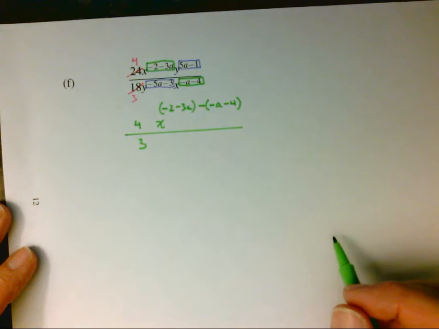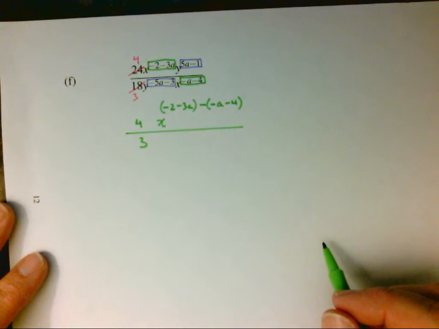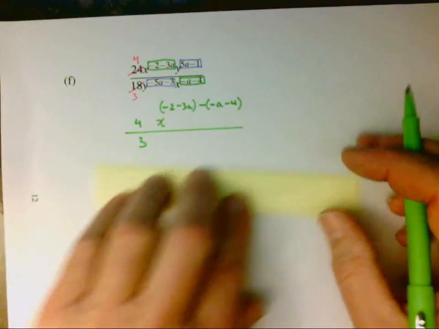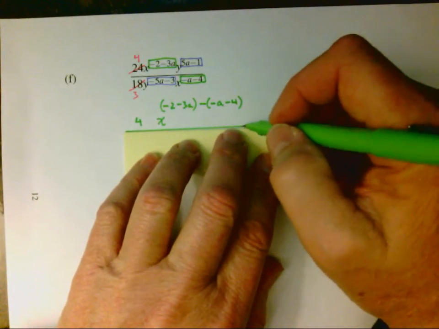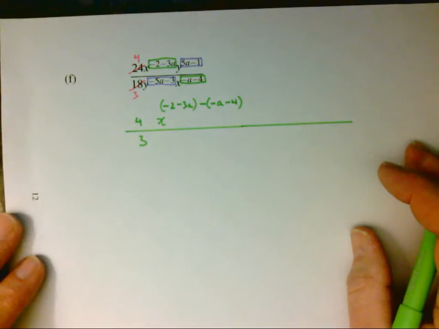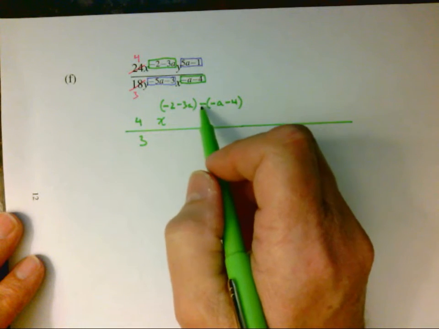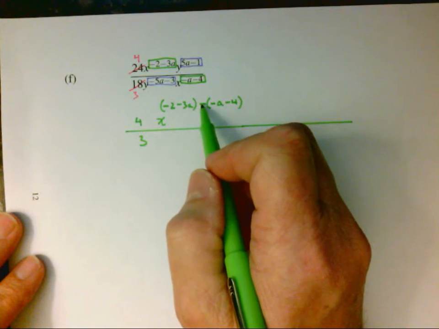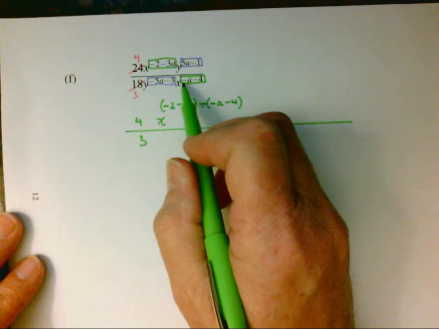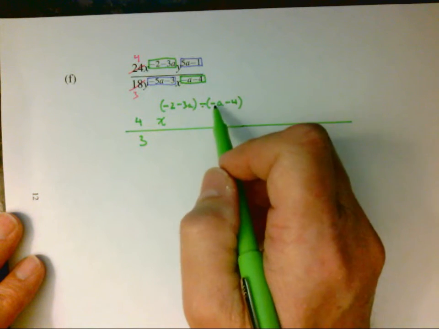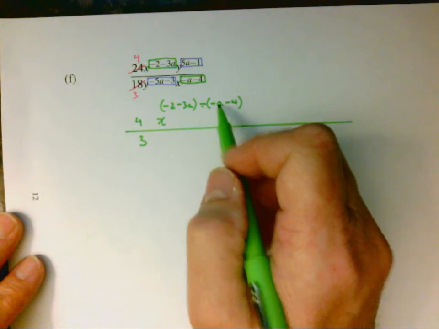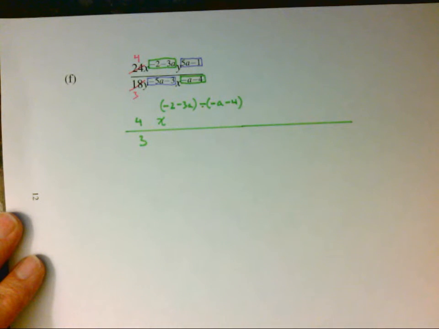When you divide things with the same base, you subtract the exponents. Notice that I needed to put parentheses there. I needed to be careful that I didn't slip a sign here. I'm subtracting the exponents. That's where that minus came from. The negative stays on the a, the negative stays on the 4. I just kept those. And I'm going to do the same thing with the y's.